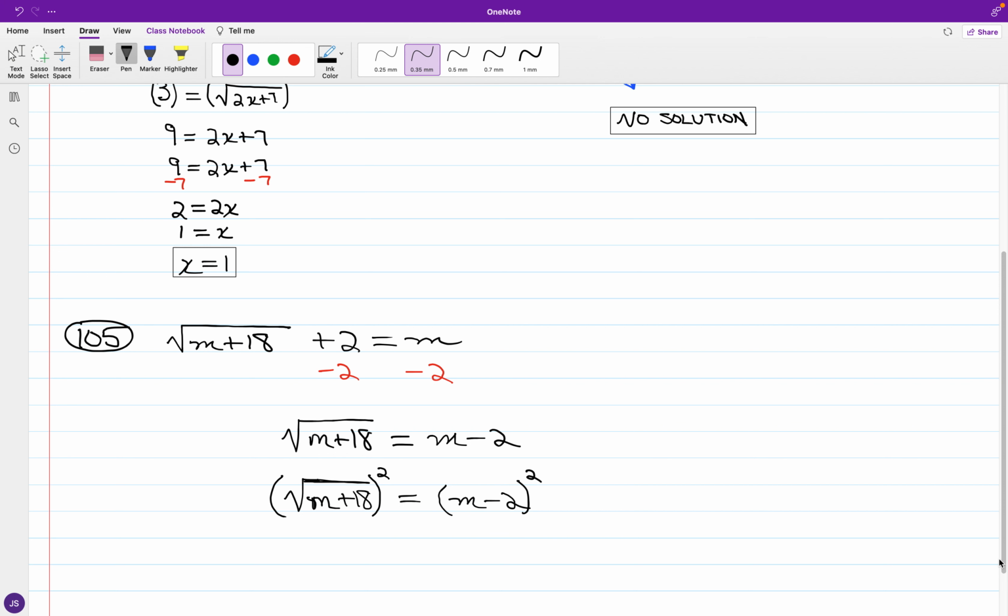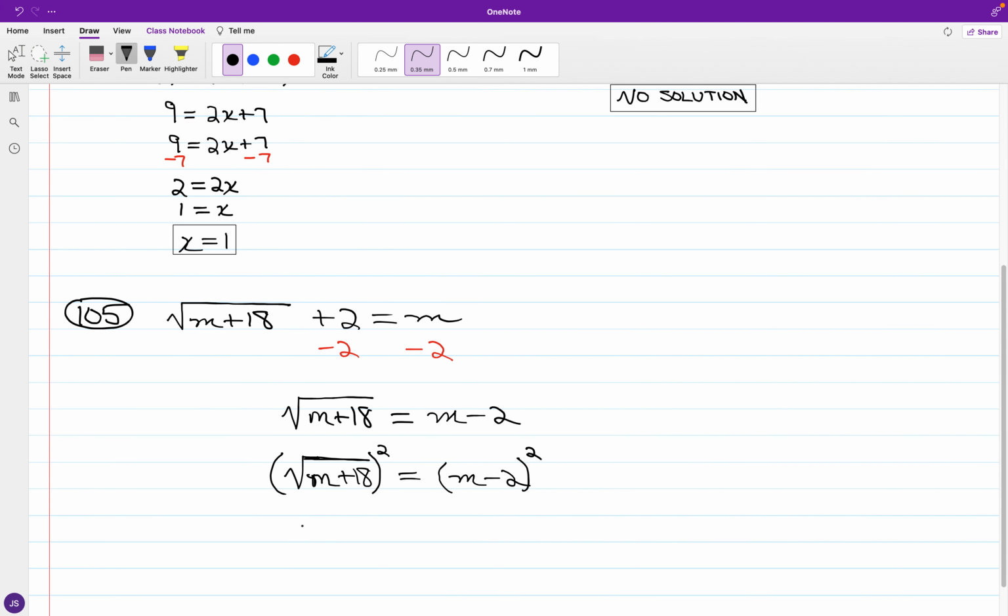So in the case of squaring, the left hand side will become m plus 18. And for what we have to the right, I have a binomial to be squared. Again, this is going to be m minus 2 times itself.